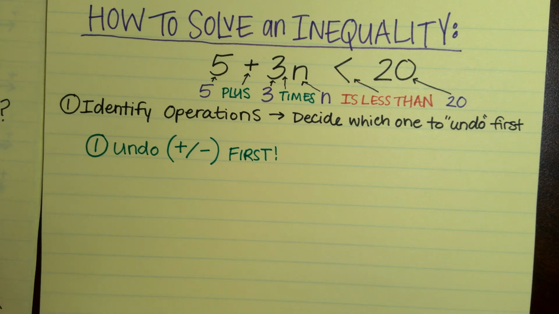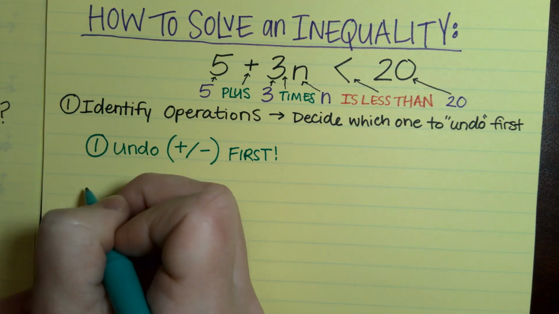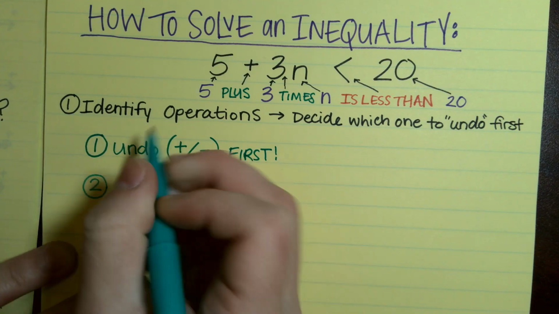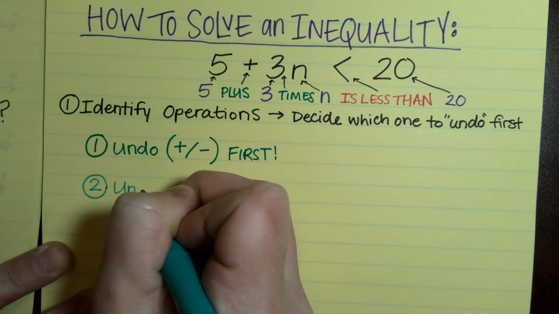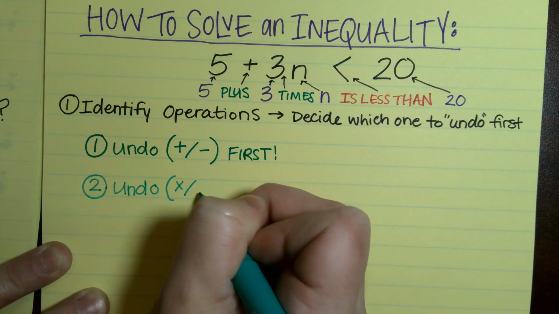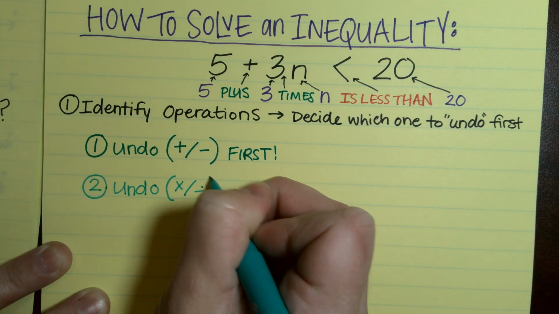And once we've undone our addition and subtraction, what do we undo next? Times. Yes. Next, we would undo any multiplication or division.